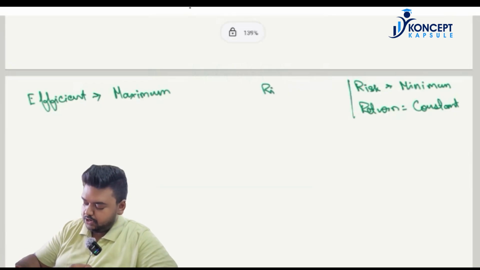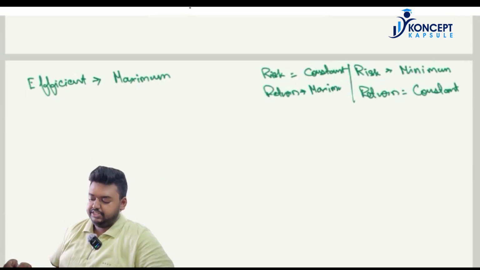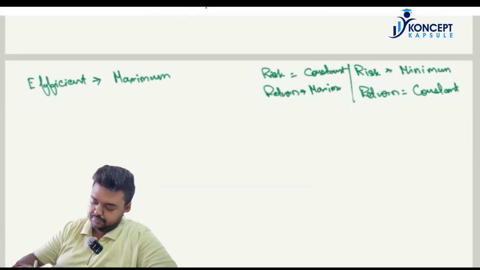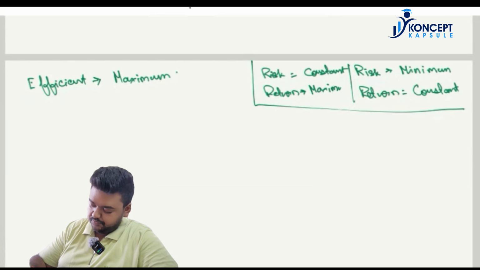Here risk will be constant, but the return will be maximum. So what is efficient frontier? Maximum return for a given risk level.